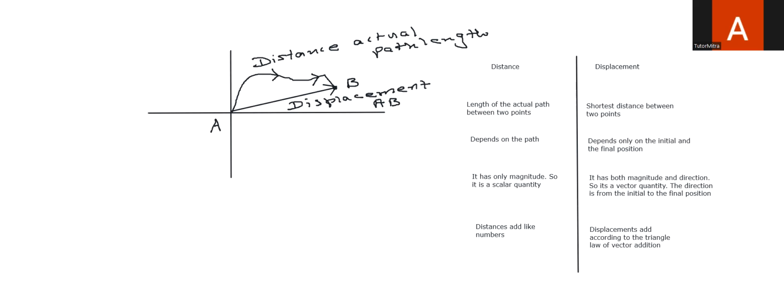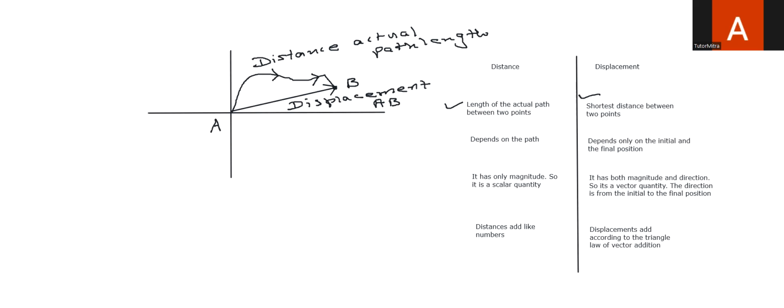Now I have noted down the difference between the two, distance and displacement. First point is distance is the length of the actual path taken by the particle between the 2 points. Displacement is the shortest distance between the 2 points. Second, distance depends on the path.